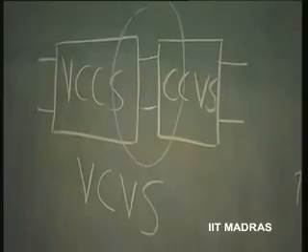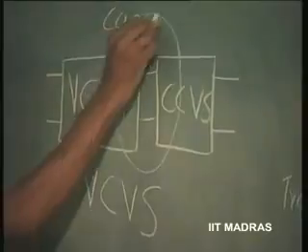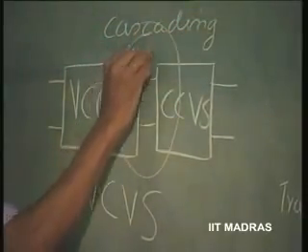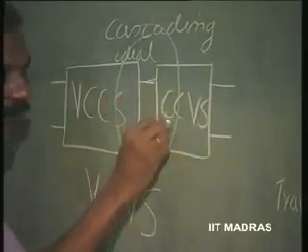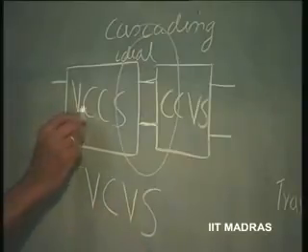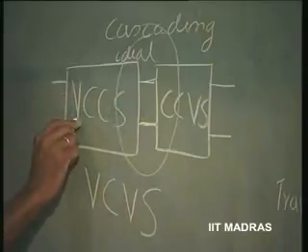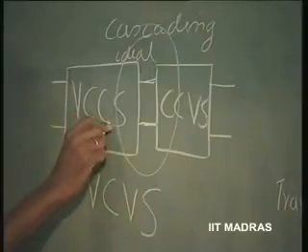So, I can get a voltage controlled voltage source by cascading ideal voltage controlled current source with current controlled voltage source. And what is the voltage gain? Because this should give a voltage gain. If this is voltage controlled current source, this is a trans conductance amplifier or trans admittance amplifier.